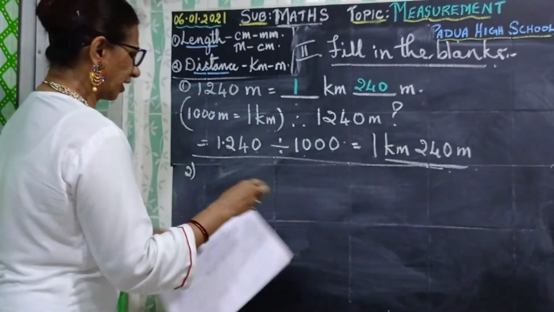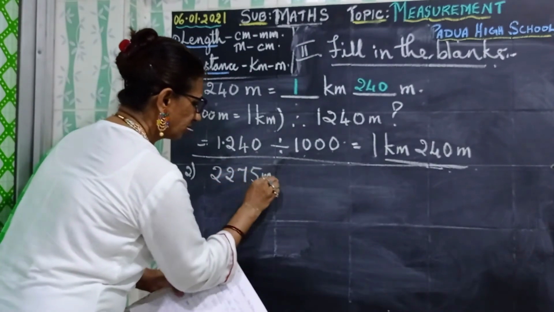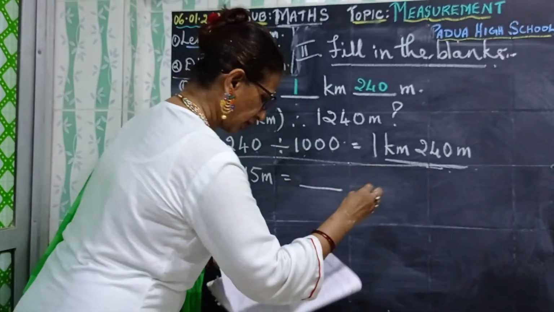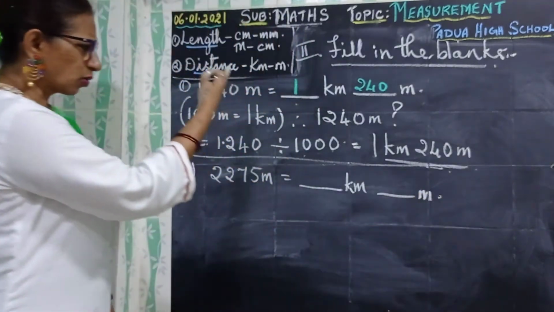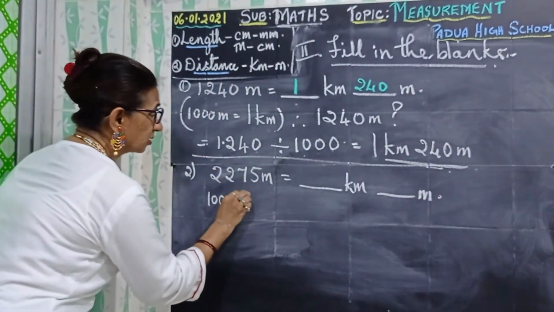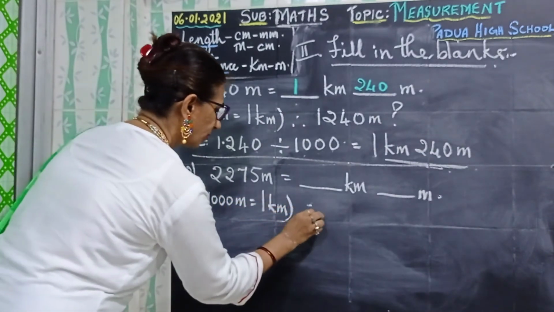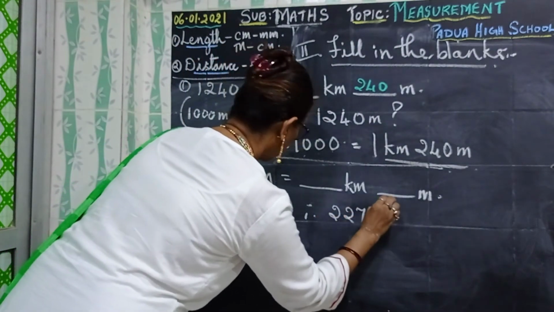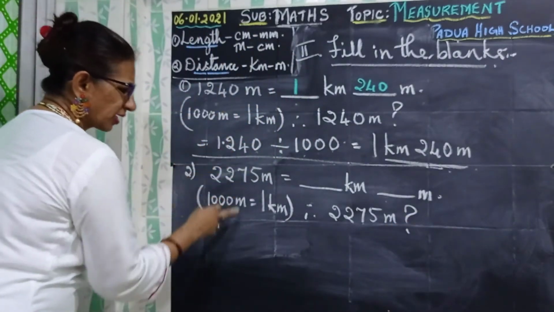Second one is, suppose I have 2,275 meters, that is equal to dash kilometers and dash meters. So बिल्कुल सेम है. आपको क्या लिखना है? 1,000 meters is equal to 1 kilometer. Therefore 2,275 meters is how much? तो हमको सेम ये स्टेप करना है.